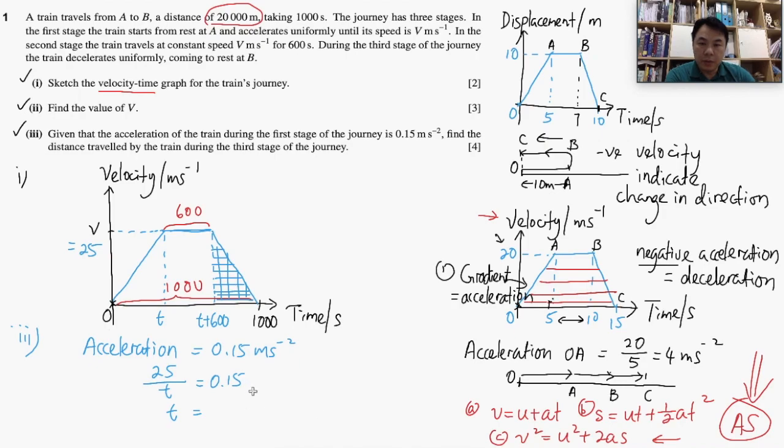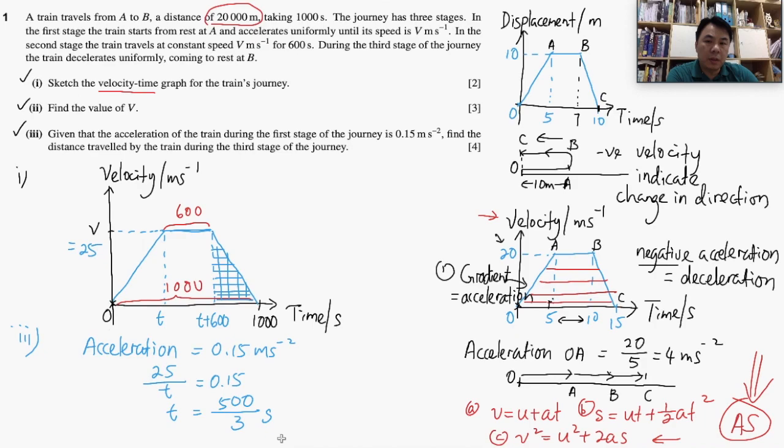So we have 0.15 equals 25 over t. Let me check whether I'm getting it right. Yes, correct. So the time taken to accelerate up to 25 meters per second would be 500 over 3 seconds.